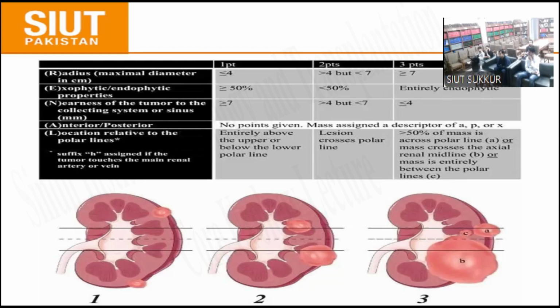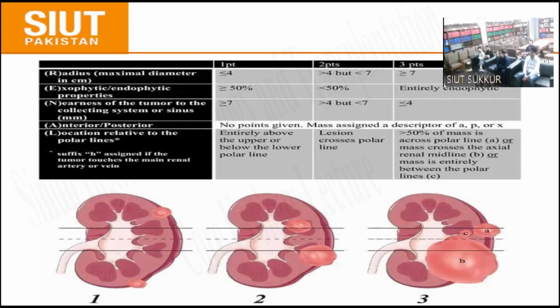The next point is on the basis of the anterior and posterior location of the mass. No points are given, but the mass should be described with an A, P, or X prefix. The last one is the location relative to the polar lines. Is the mass above, between, or crossing the polar line?